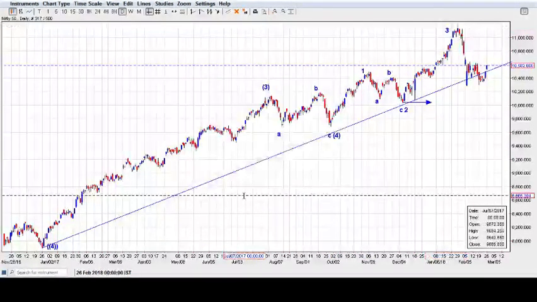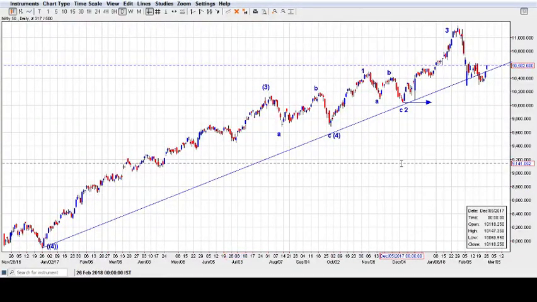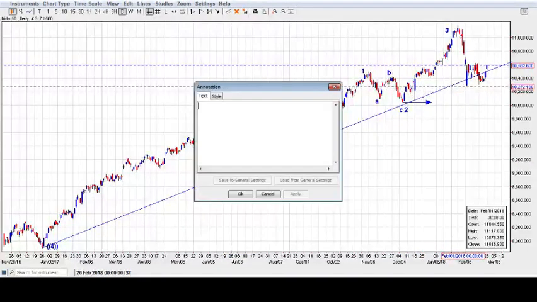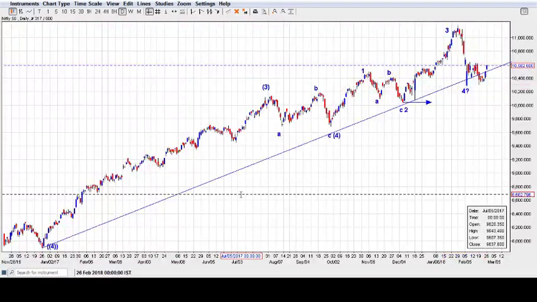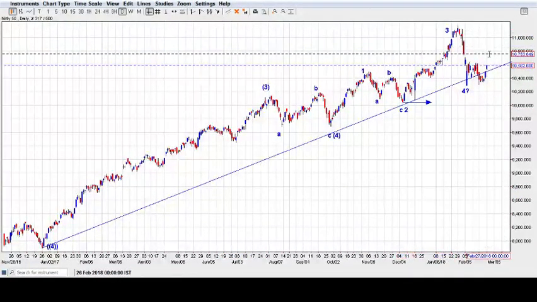Now if that is wave 3, the more probable wave count right now in play, which is quite certain, this could be wave 4. I can label this as wave 4. I think we're not making a grave mistake here, unless we go by the alternate count.